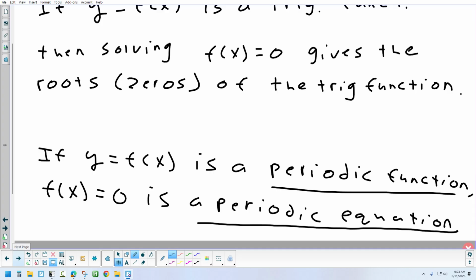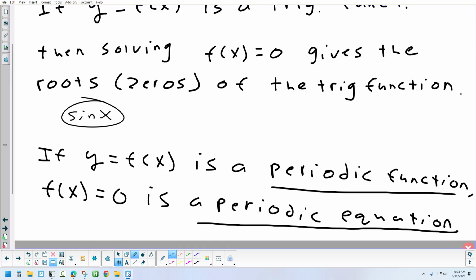So if we are looking at a periodic function like sine, cosine, tangent, secant, cosecant, or cotangent, and you take that periodic function and put it into an equation, well, now you have a periodic equation. So a periodic function is just something like sine x.